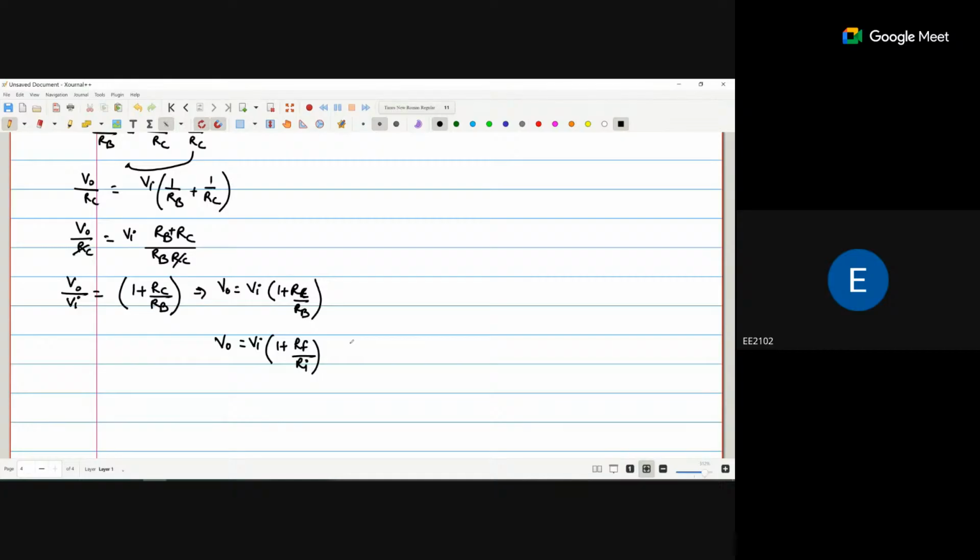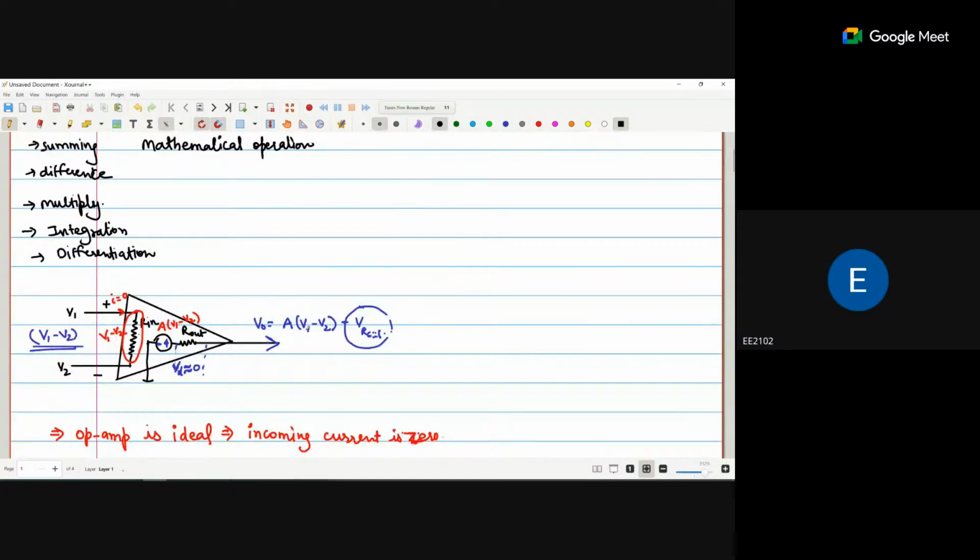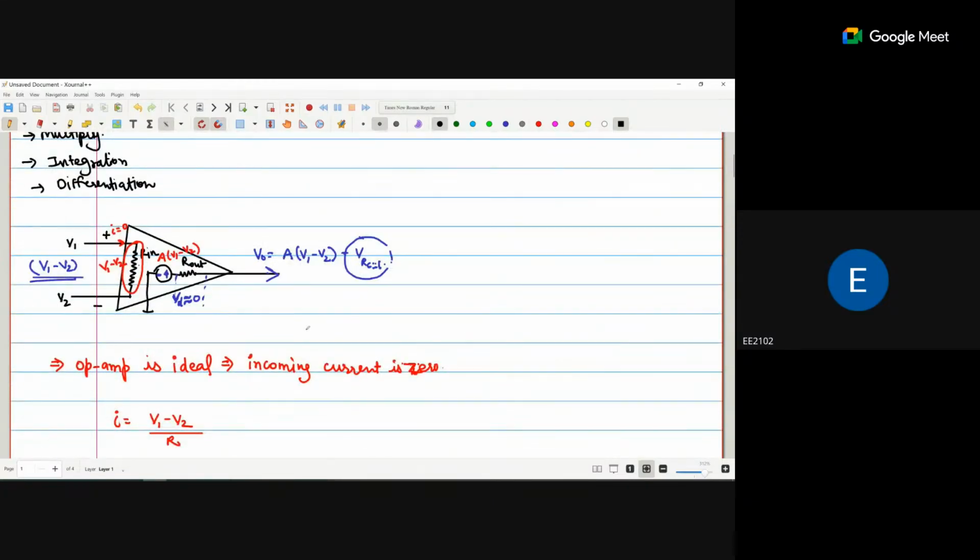Now if you remember the first circuit that we drew about the operational amplifier, the output voltage is A times V1 minus V2. Now V2 is grounded, the negative terminal is grounded, so that is equal to A times V1. Now can I compare this one?